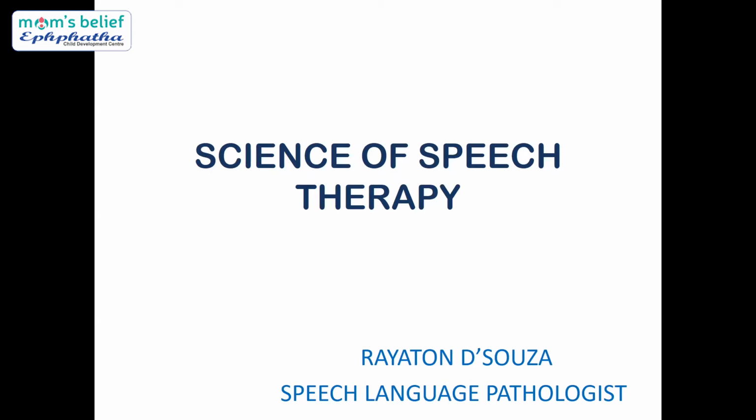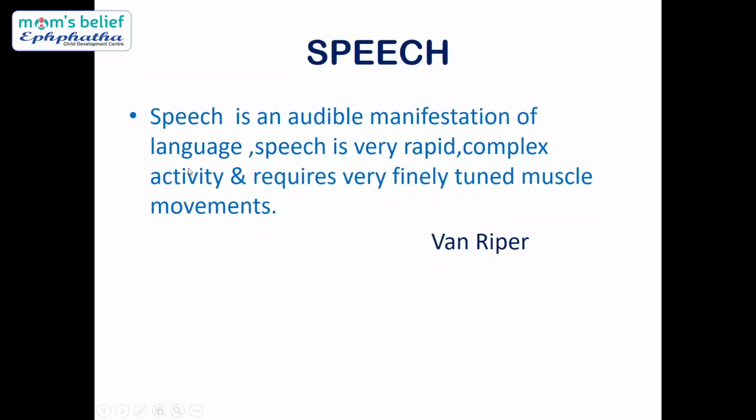So let me start. What is speech? Our definition says speech is an audible manifestation of language. Speech is a very rapid, very complex activity, and requires very finely tuned muscle movements.